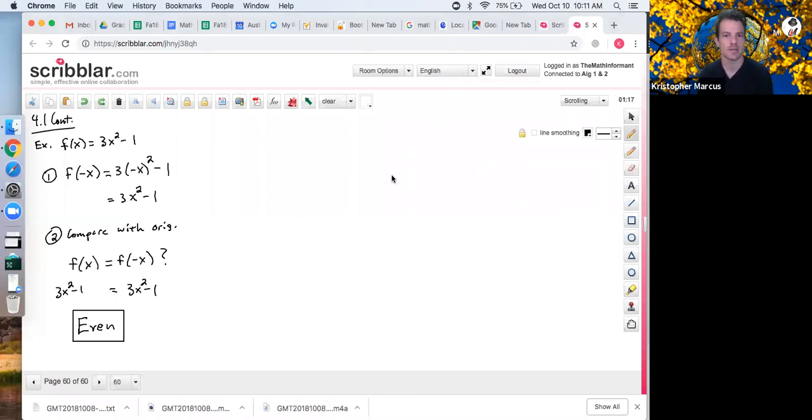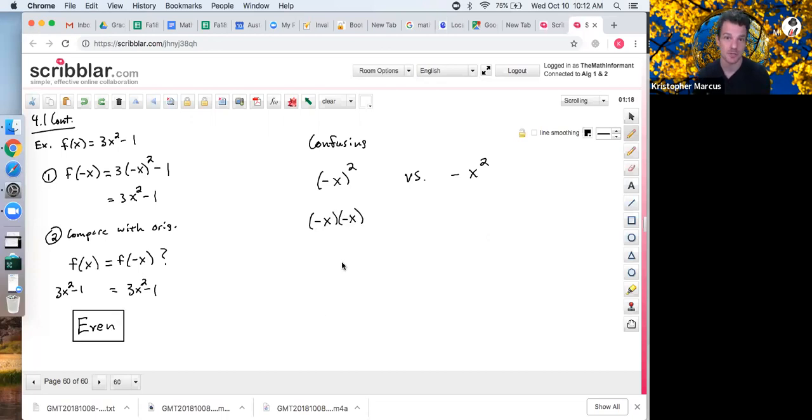But didn't you square the negative x? Excellent question. Squaring the negative x, what happened? Here's the thing. Some spots are especially confusing for people when they first start working these: negative x squared versus negative x squared. This is a confusing issue for a lot of people. What this one means on the left is negative x times negative x.